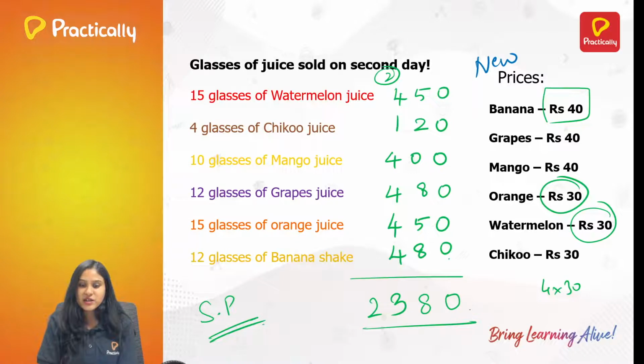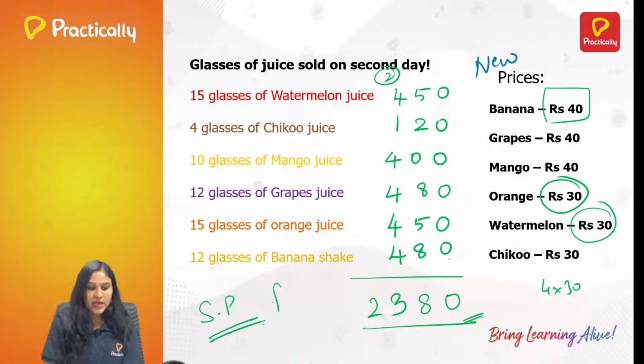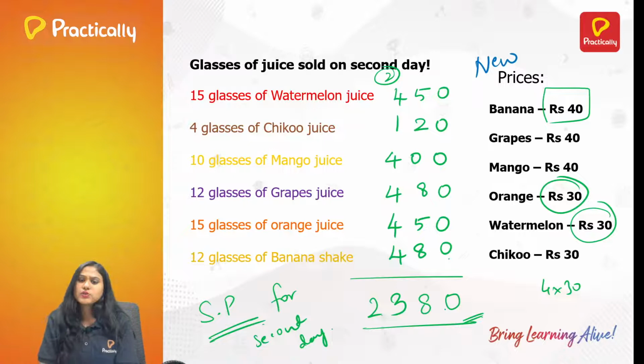Okay. So, the selling price for the second day is nothing but 2380, right? What was the cost price? It was the same as the previous one, that is 2320.